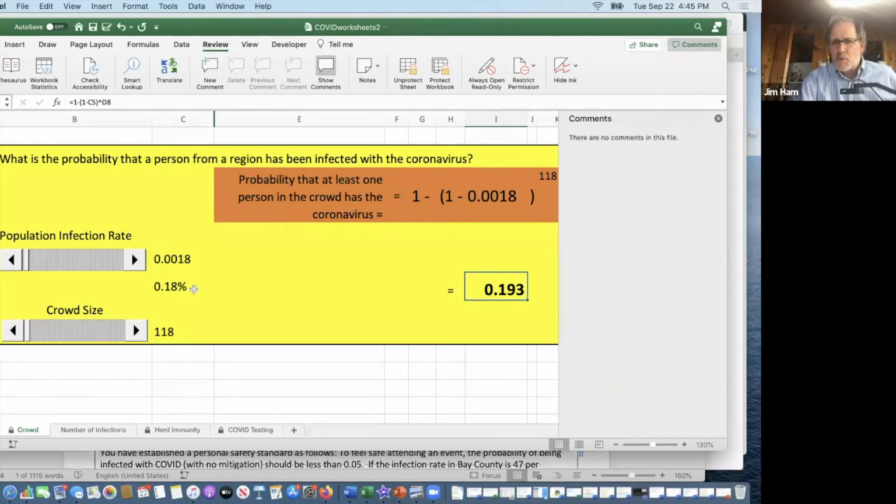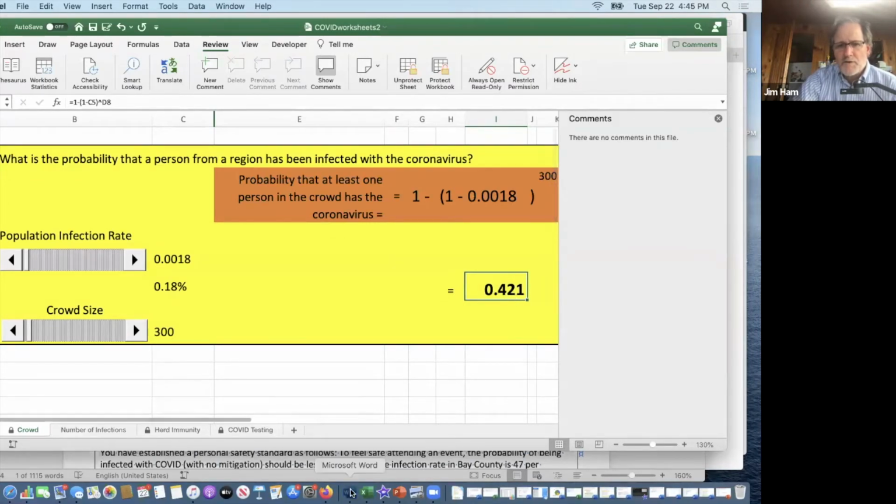You can see it's 0.18%, and we're going to increase this one up to 300. And if you want to have more precision, then there you go. Now, if you set those two, notice it'll take the 0.0018 and put it into the formula. It'll take the 300 and put it in the formula, and then it'll calculate this number right here, 0.421.